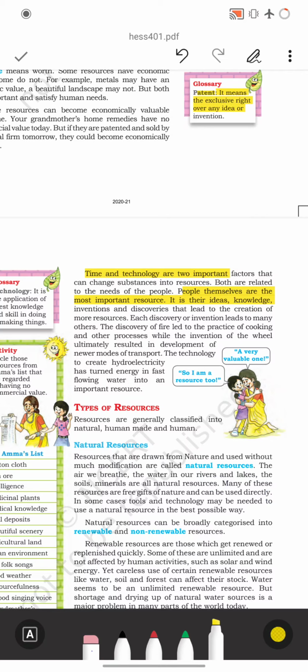So guys, clearly understand, everything we see has some utility, has some value, so they are called resources.